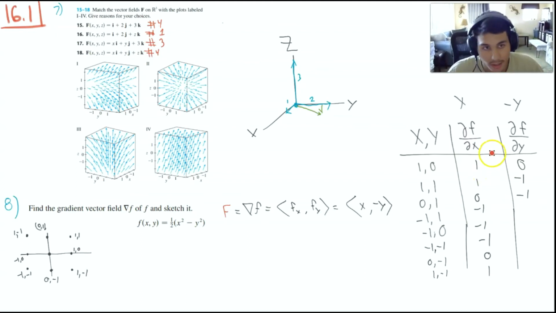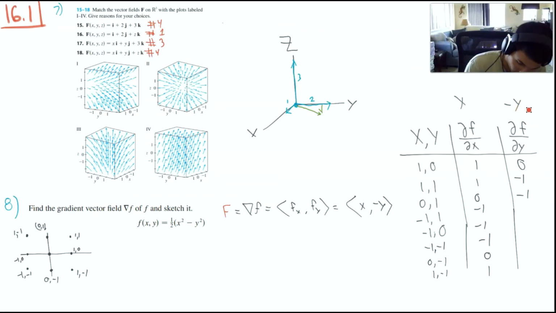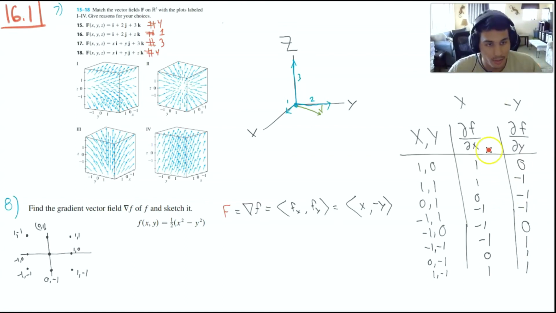Sometimes if you get a tricky function f, they'll switch it and it'll be negative y and positive x here, and then you have to really think about it and take your time. But for this sake, it's just this, right? So you just take the opposite value of y. Whatever y is, it's just the opposite. Okay, so this is totally enough information.